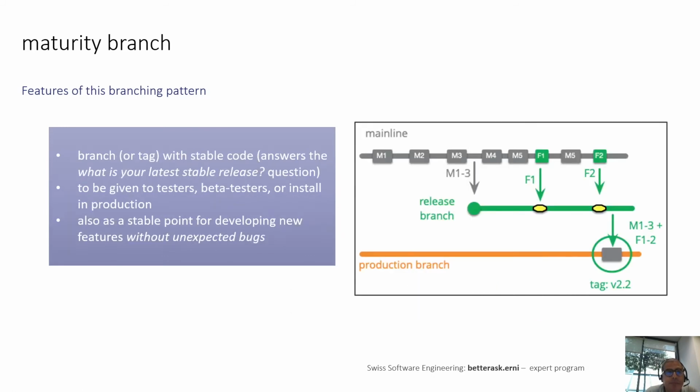A maturity branch. By the name, if I tell you it's a stable version, it's very easy to understand what this is. Imagine you have to give a version to a tester or to a customer. You will not give them the mainline code. You will give them a stable version.